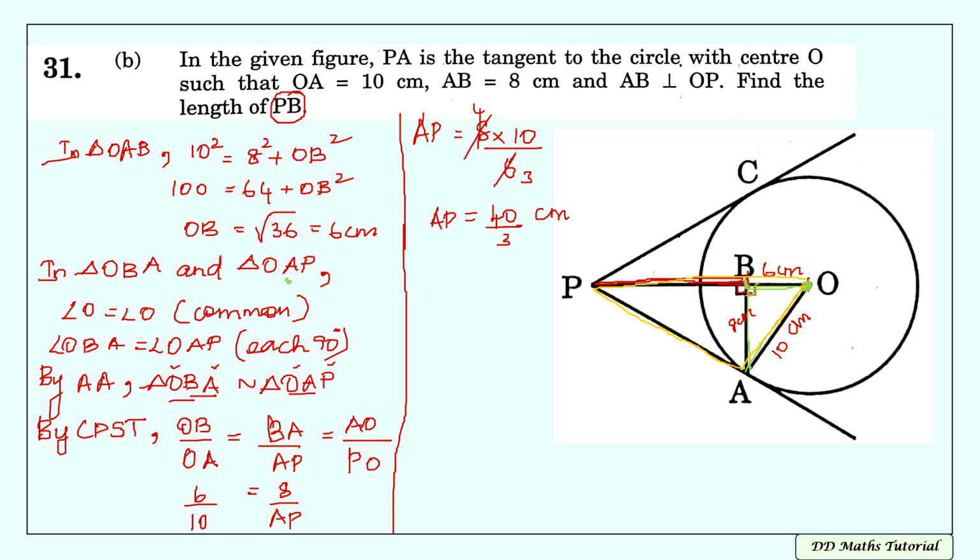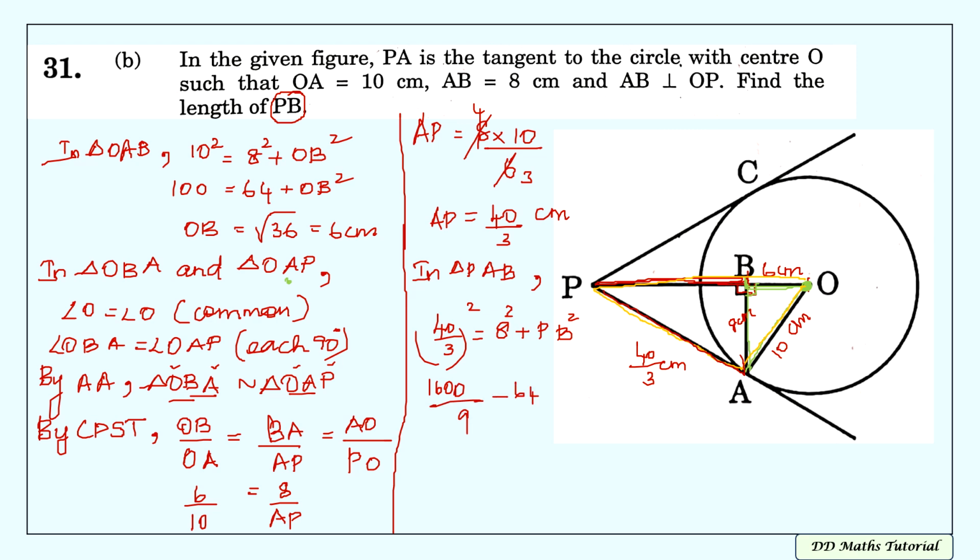So now we have this length AP, that is the hypotenuse of triangle PAB, which is 40 by 3 centimeter. We know BA, and we know the hypotenuse. Now we can find PB using the Pythagoras theorem. In triangle PAB, the hypotenuse 40 by 3 the whole square is equal to 8 square plus PB square. When you square it, you get 1600 divided by 9.